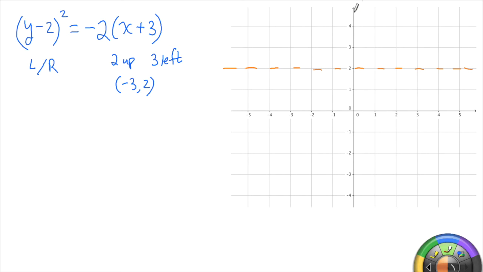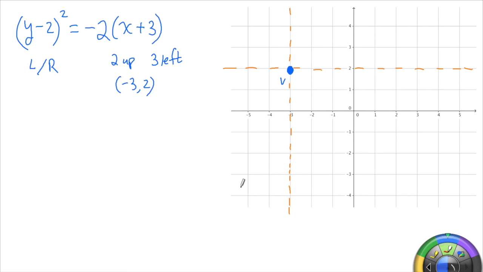And the other one is going to go left 3, 1, 2, 3. So our parabola is moving to this new location according to these orange axes, translated axes. So our first point of our graph is going to be the intersection of them. So there is the vertex.